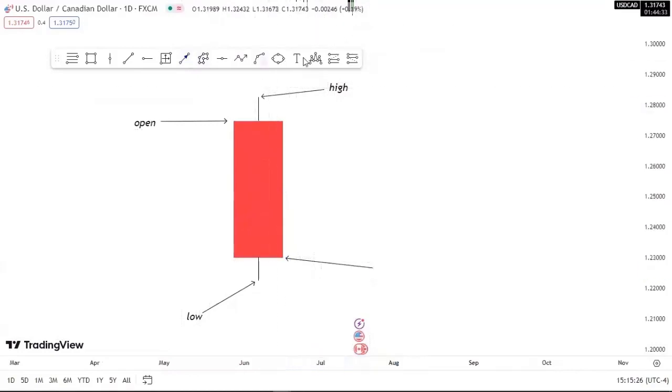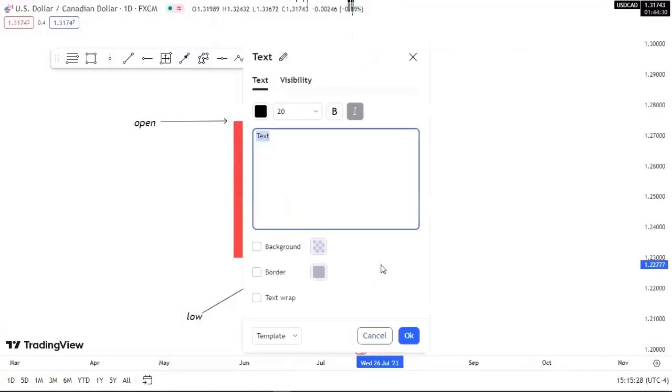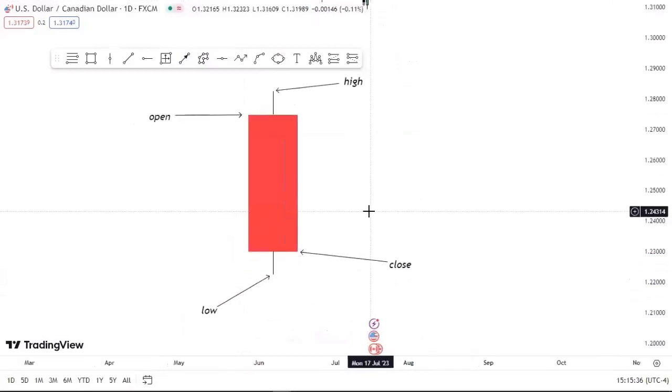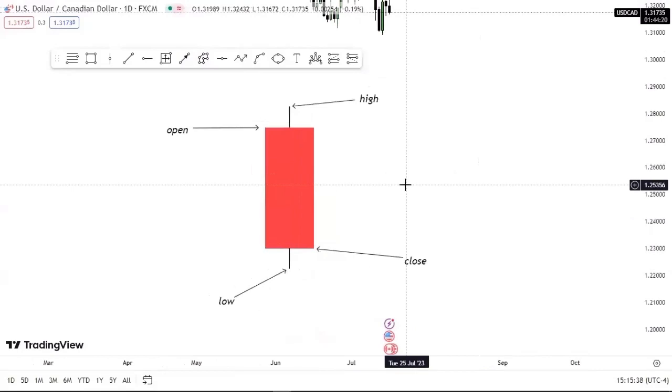Then it finally comes down to close. Now to the structural view of it.